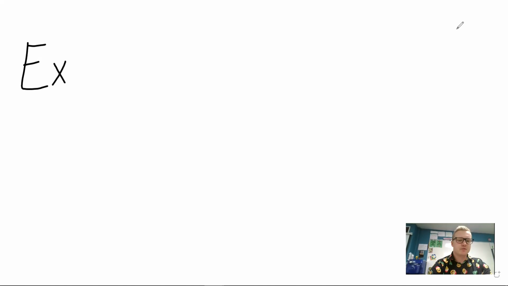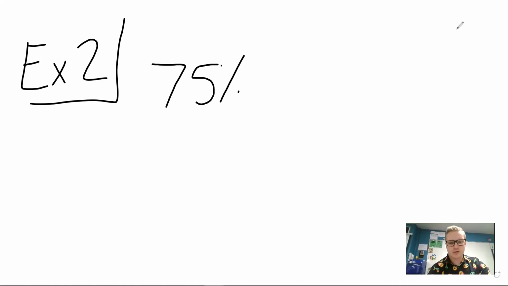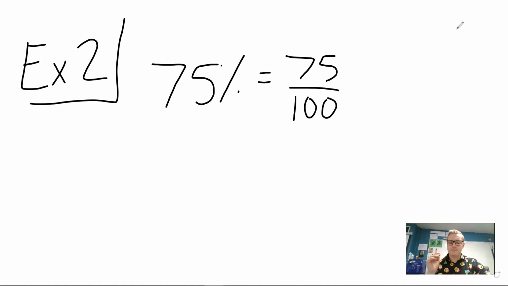Example 2, still on page 217. So sometimes you'll have a percent, so 75%, writing that as a fraction. That's just going to be 75 over 100, right? So with this one, we're going to be able to reduce this fraction.